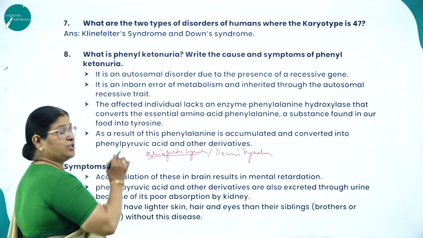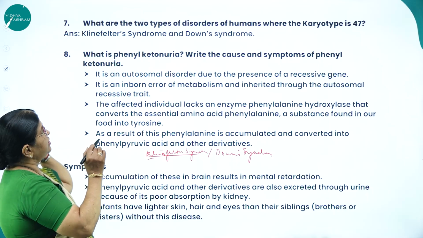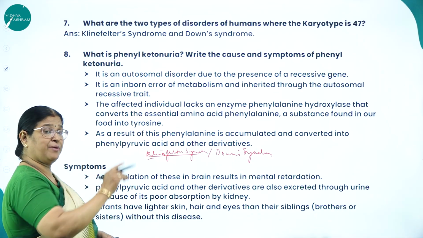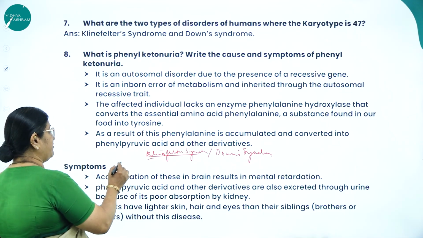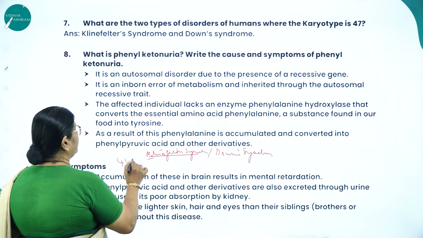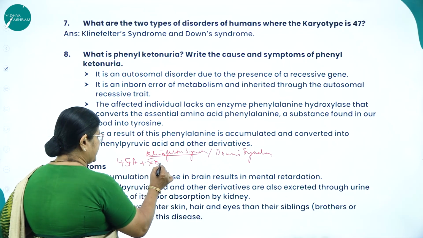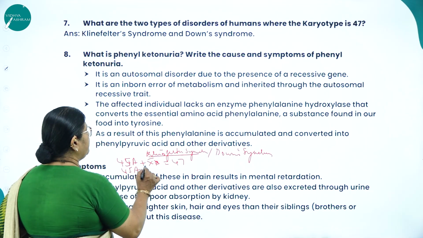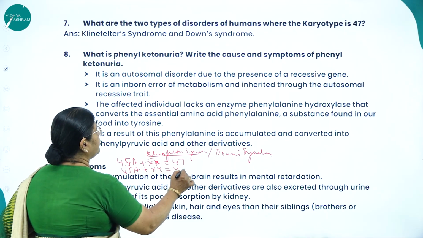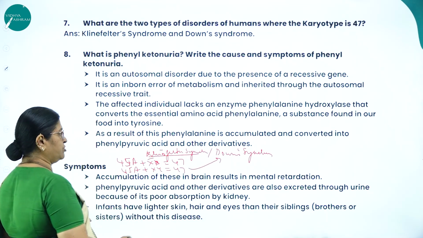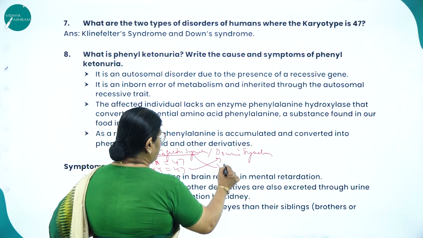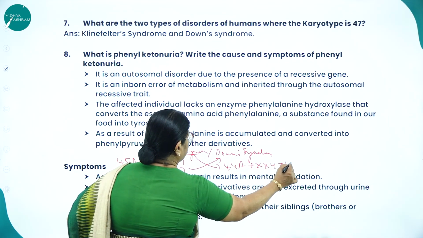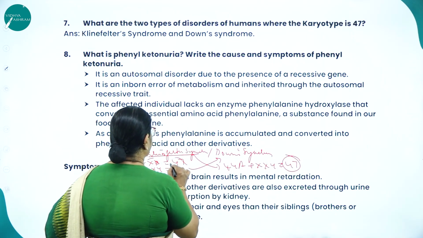So 47 means what? 45A plus XY is equal to 47. So this is Down syndrome. Klinefelter syndrome, 44A plus XXY is equal to 47.